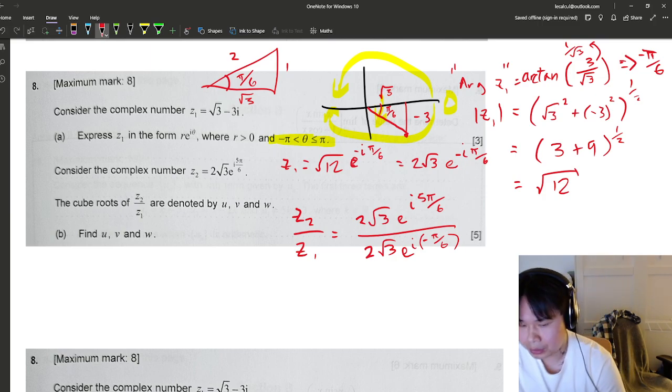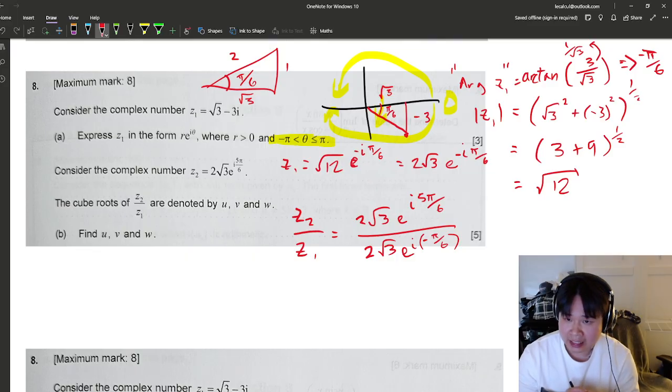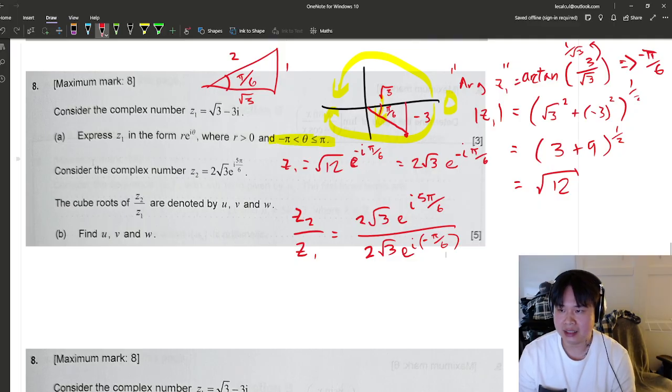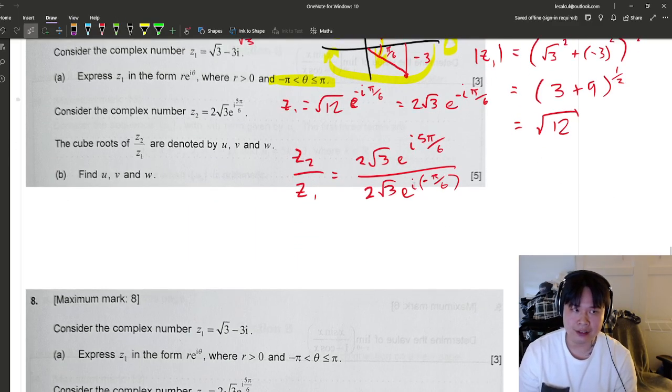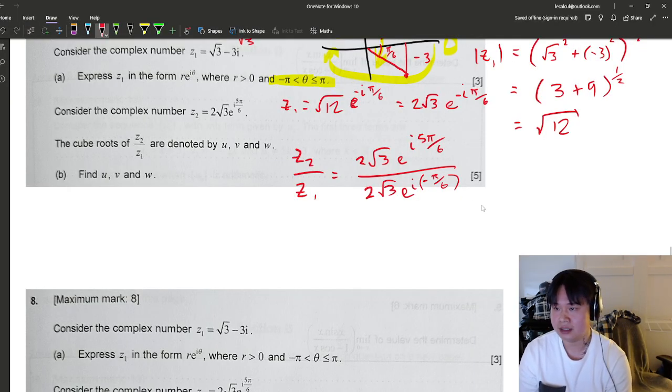Okay, Euler form is the best form for multiplying and dividing complex numbers, because when you multiply complex numbers together, essentially their lengths get multiplied together and their angles get added together, and then division would be, of course, dividing their lengths and subtracting their angles or their arguments.